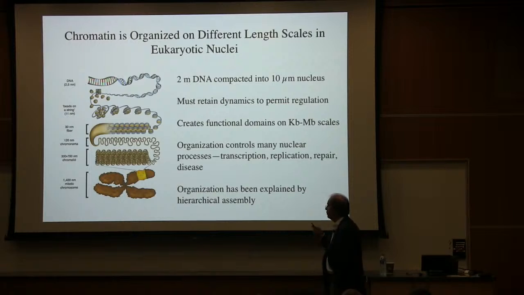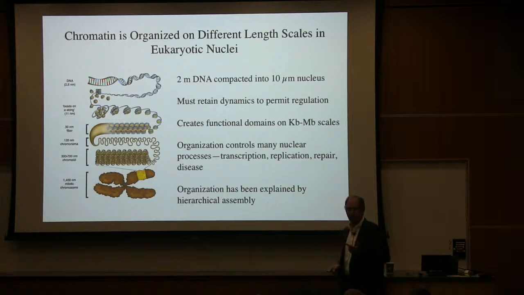Now, if you look at canonical explanations that have appeared in textbooks, the organization of chromatin, the compaction, has been explained largely through a hierarchical assembly process. The basic idea is you start with this long chain of double-stranded DNA. The first level of compaction is that the DNA gets wrapped twice around an octamer of histone proteins, forming nucleosome structures.